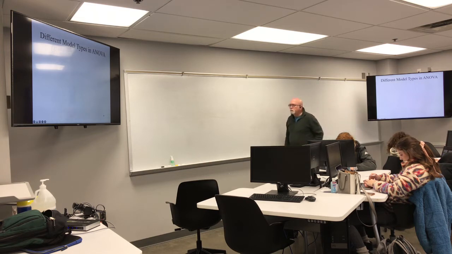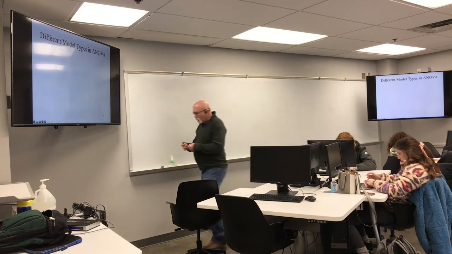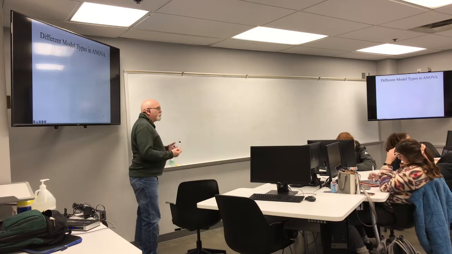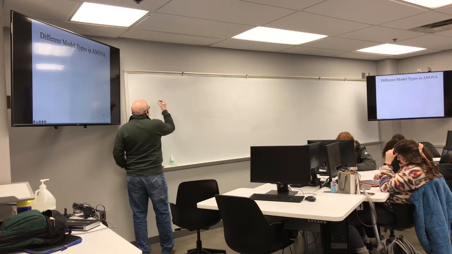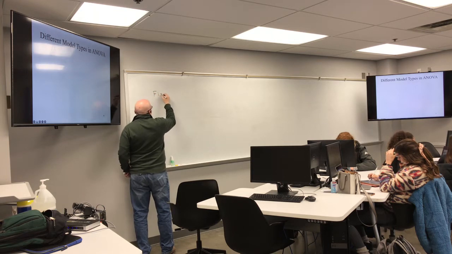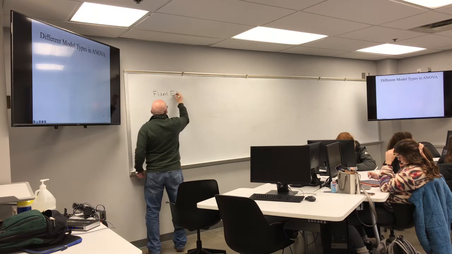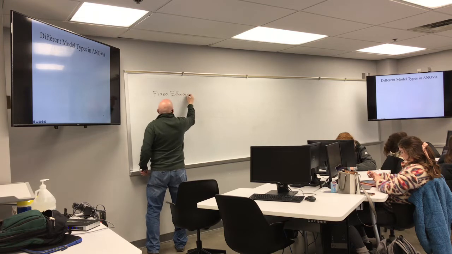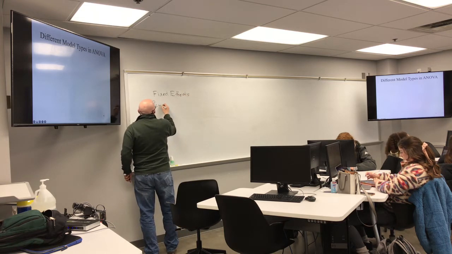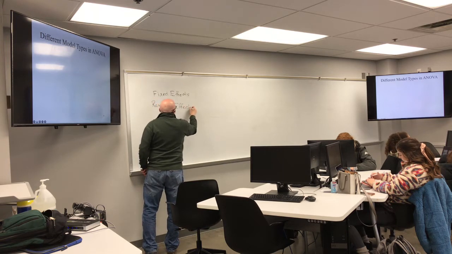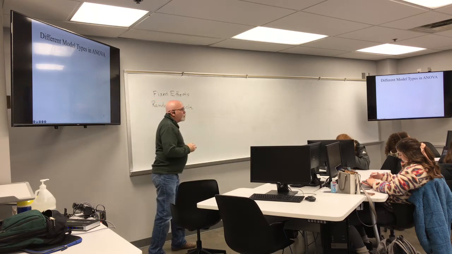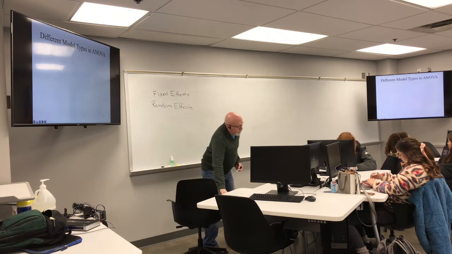There are different types of analysis of variance that you do based on whether the treatments that you have are fixed effects or whether they are random effects. And the difference between this is kind of in how you've chosen the treatments that you're looking at.